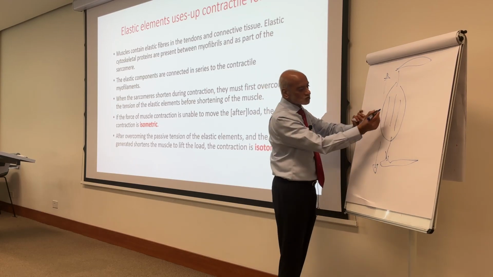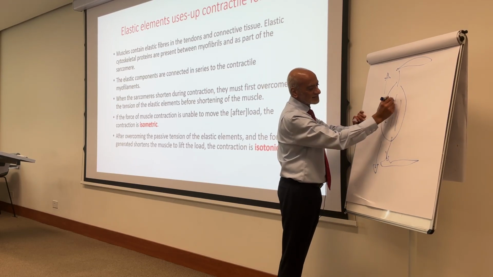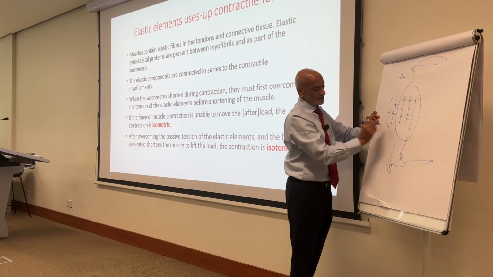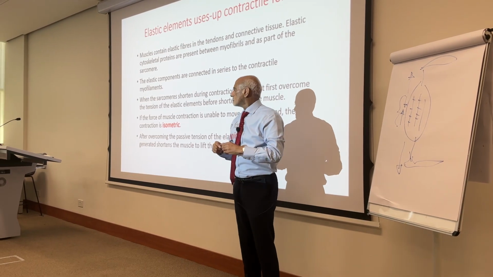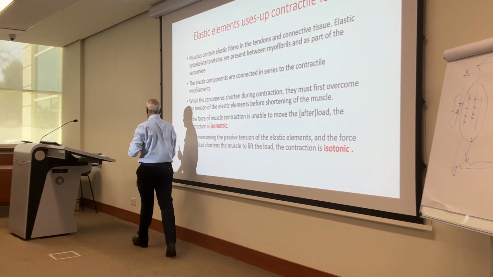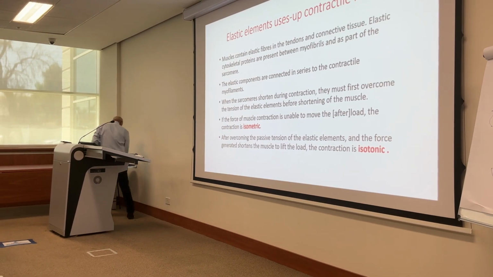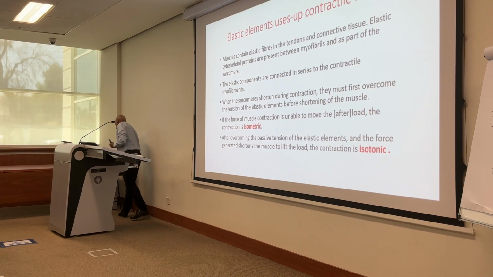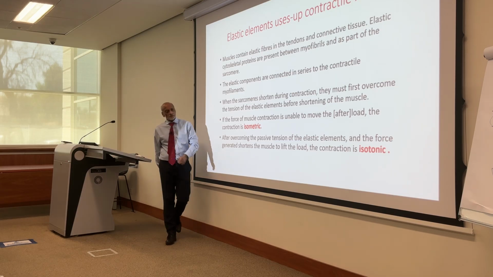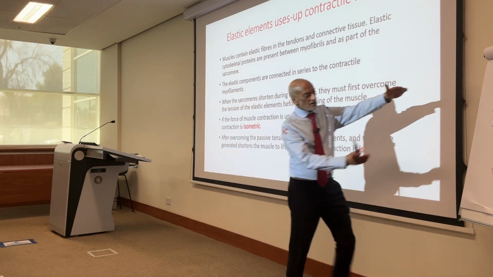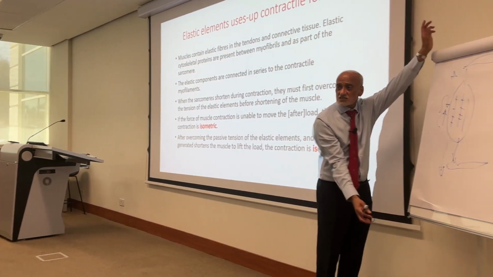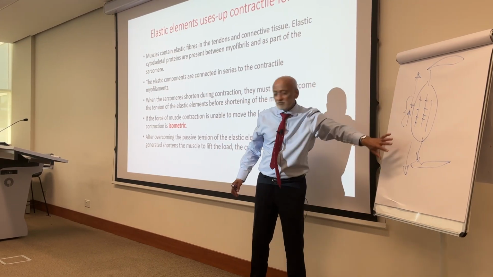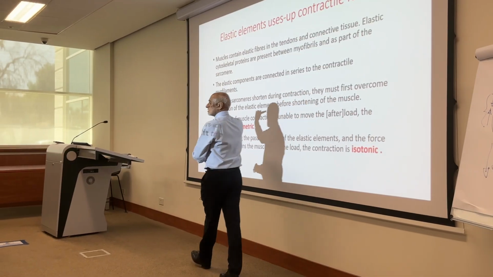But the actual contraction between the actin and the myosin is in this direction. It's like that. The actual contraction is in this direction, but the passive tension is actually pulling outwards. But when you add both of them up, you get the total tension.